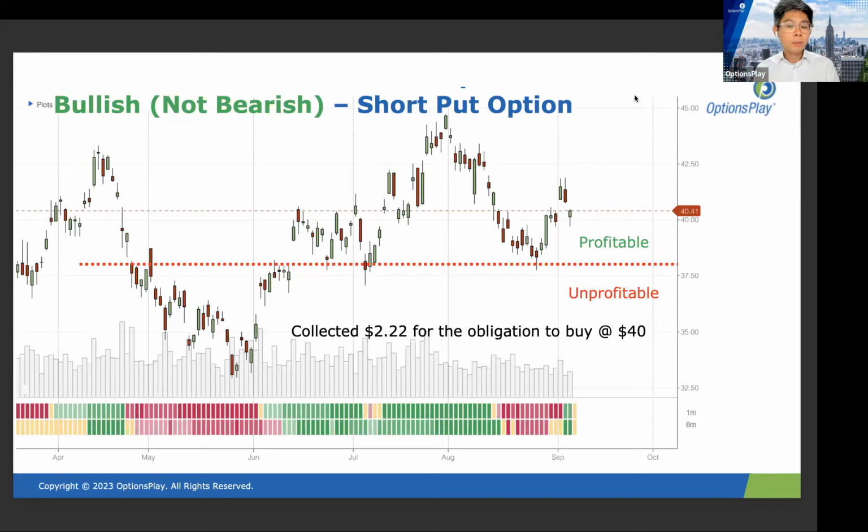Perfect. Okay. So that's really the fundamental difference between buying versus selling options. As you can see, they're very, very different from each other. And it's really important for you to understand the differences between these two, because every other complex strategy you're going to trade, 2, 3, 4 leg strategies, there's what we call a strategy driver.